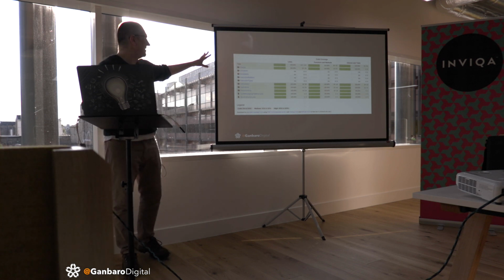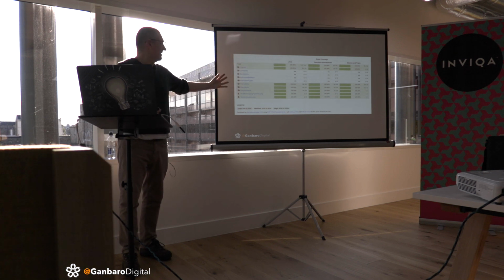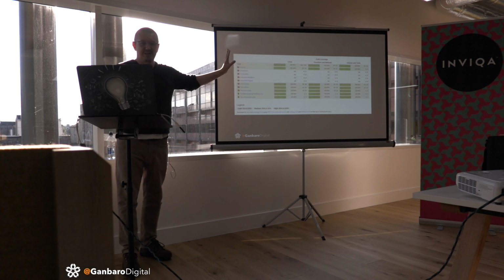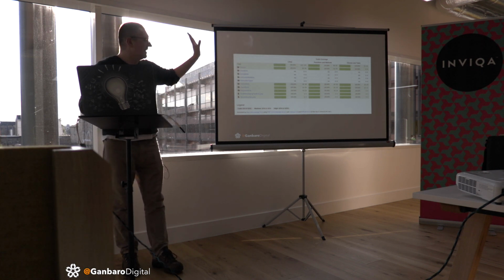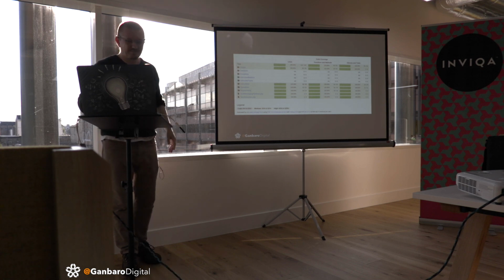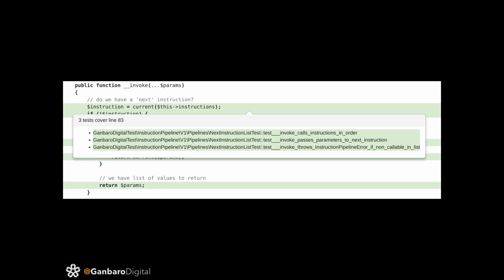Okay? But it gives you a set of folders and it shows you how your code's doing, how your testing looks. In this particular example, everything's at 100%. And you can drill down into this. You can drill down to the individual method and you can see which tests cover which lines of code. Very handy, and that's a property we're going to come back to.